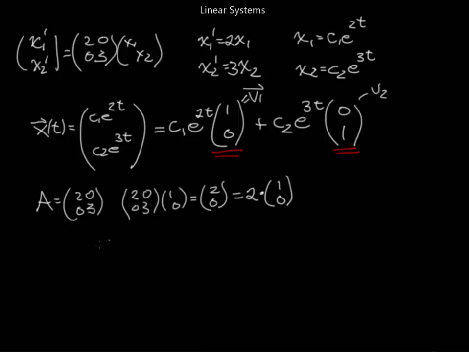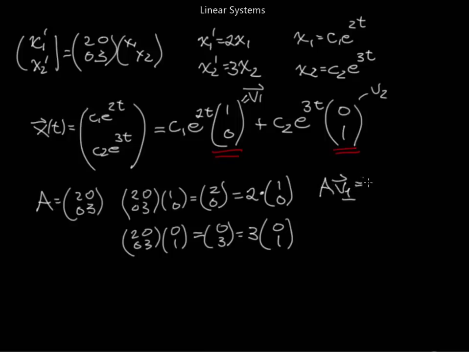And similarly, multiplication by the matrix A takes the vector 0, 1 to 0, 3, which is 3 times itself. So I'm going to write these two equations: A applied to v1 is 2 times v1, and A applied to v2 is 3 times v2.